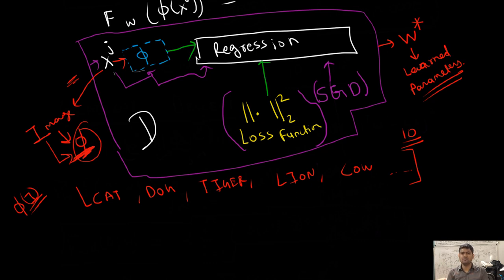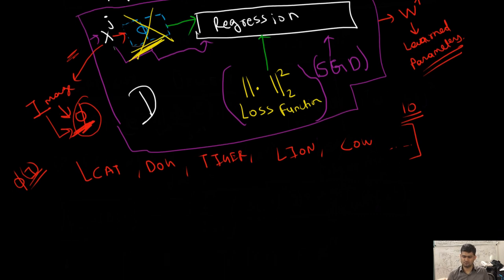So this is where deep learning comes in. With deep learning, you don't need phi. Deep learning will automatically construct this feature representation for you. So let's make another black box, DL, or deep learning for short.